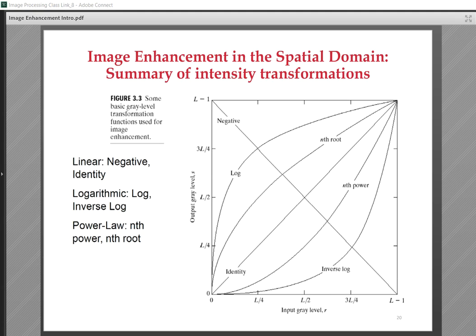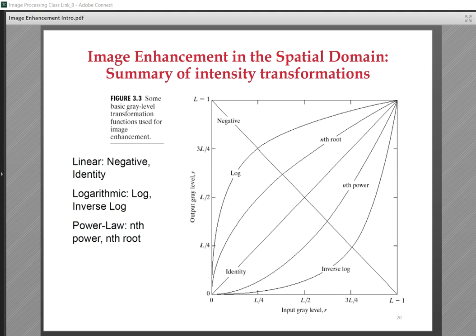And for example, this is log, which acts as a gamma transform. This is log, and this is inverse log, as another gamma. Log acts as small gammas in gamma transformation or gamma correction, and inverse log acts as larger gammas.